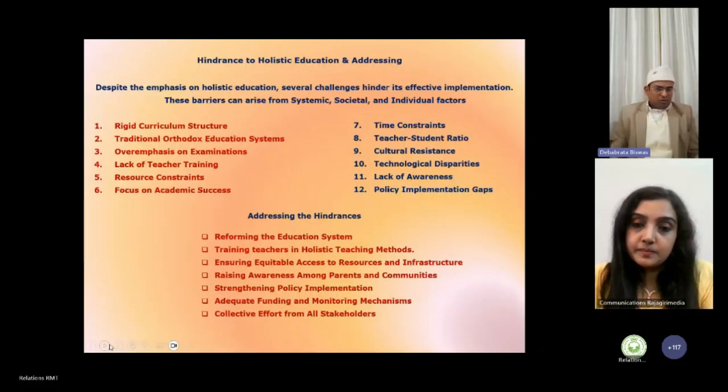Resource constraints, opportunity is not there. Library is not there, internet facility is not there, teachers are fewer, budget constraint is there. Focus on academic success, only marks, marks, marks. Nothing about how good a human being.